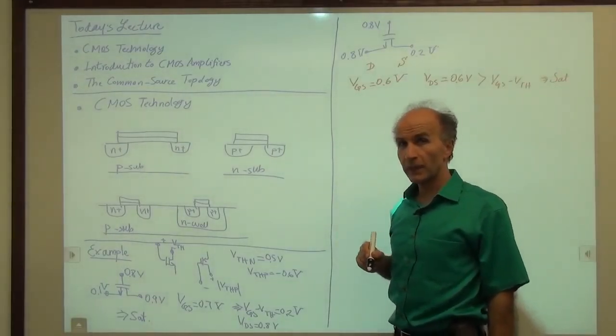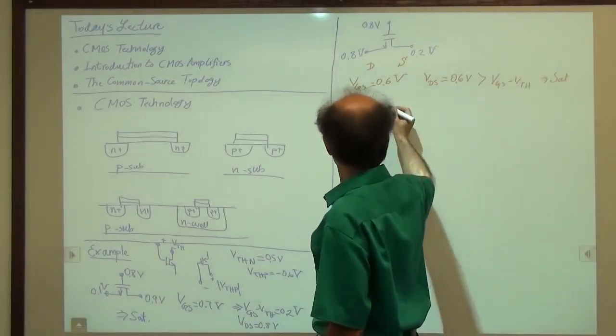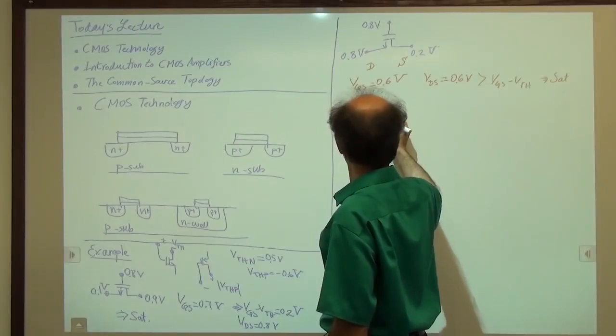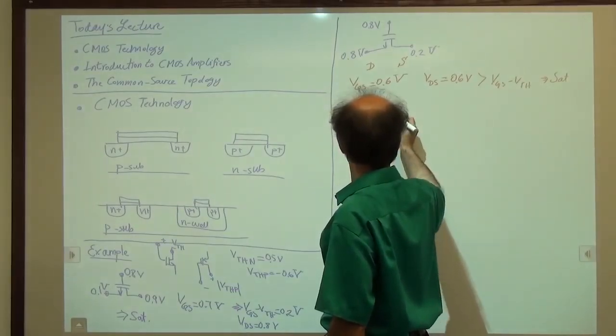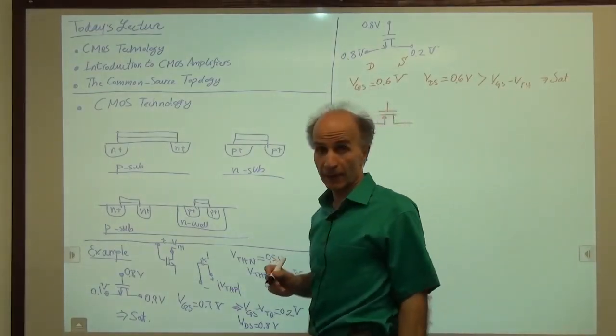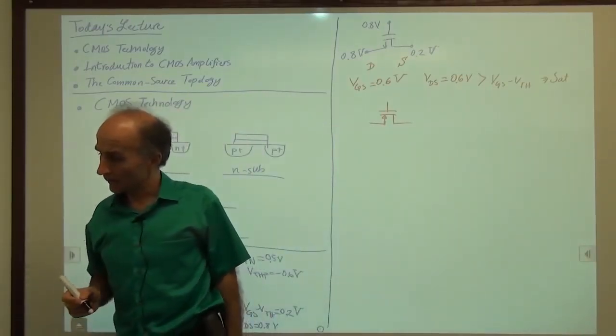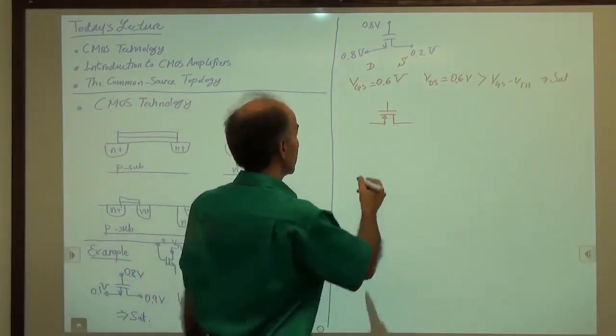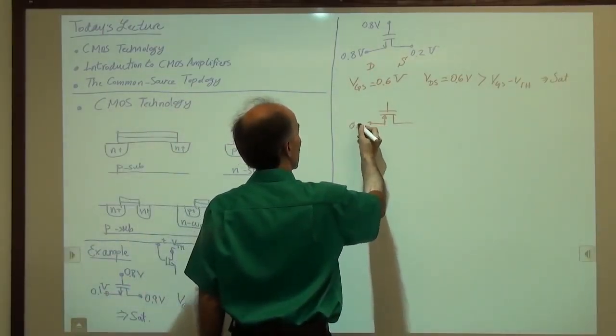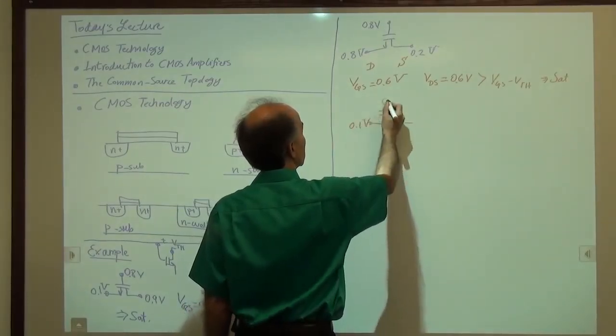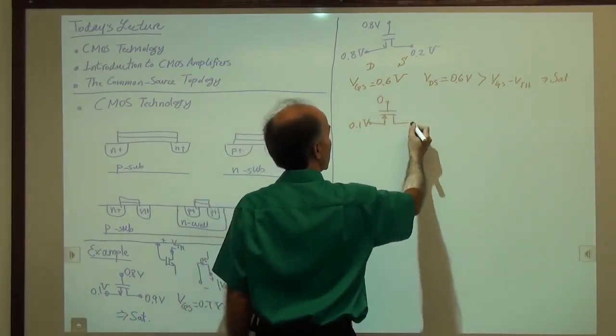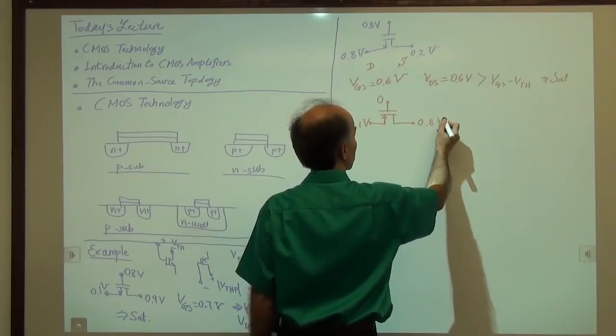Now let's switch gears to PMOS devices. I will draw a PMOS device here, and again I have an arrow just to show it's a PMOS device. I don't really know if that's a source or not. And in this example I have chosen 0.1 volt here, 0 here, and 0.8 volts here.